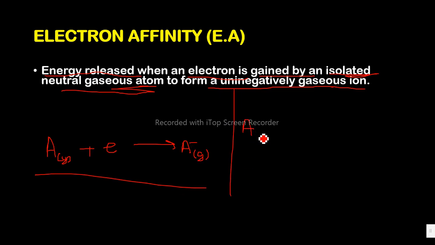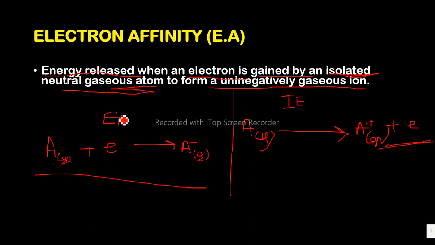You have your gaseous atom, and it loses one electron to form a positively charged gaseous ion, and this is the electron that it lost. So this one becomes ionization energy, whereas this one becomes electron affinity. The electron affinity is the opposite of ionization energy.